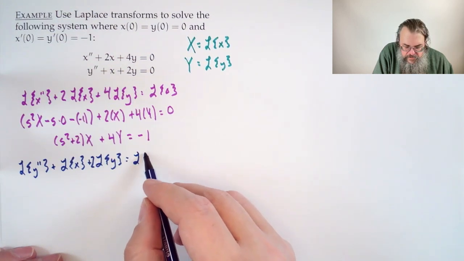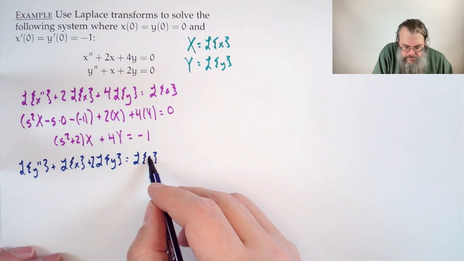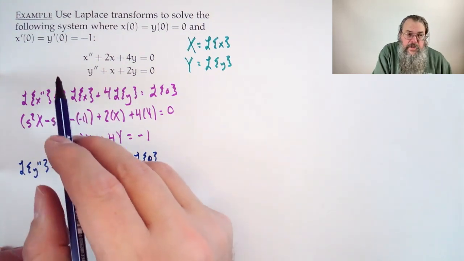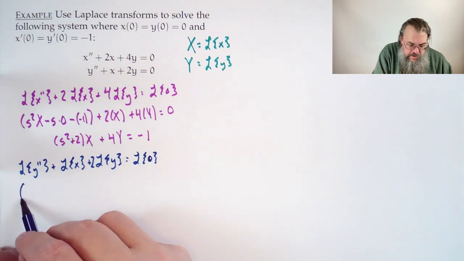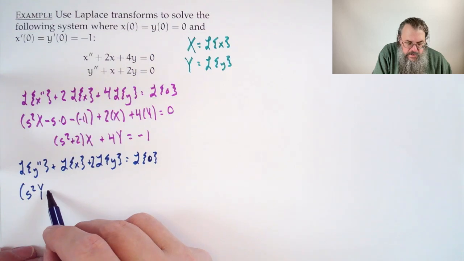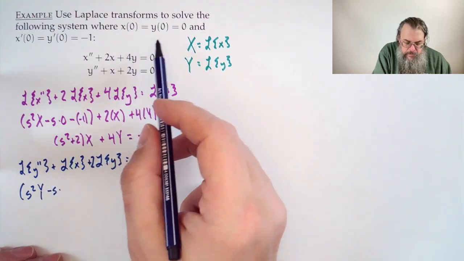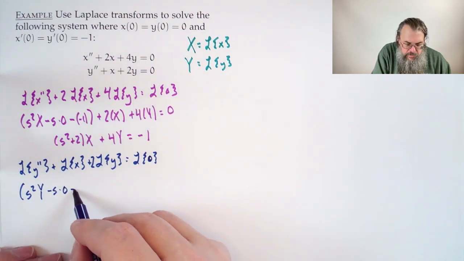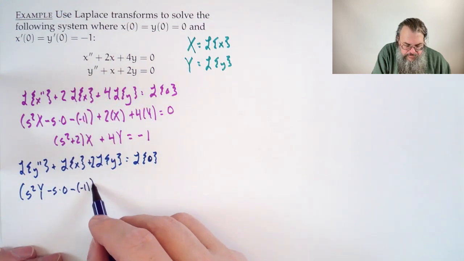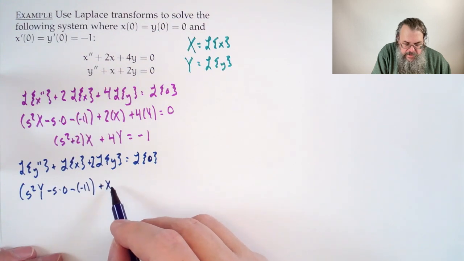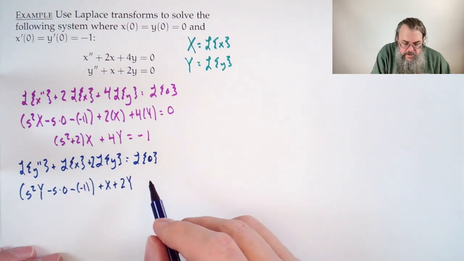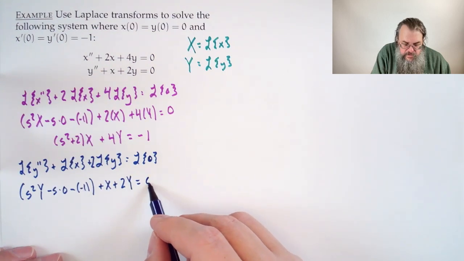Equals the Laplace transform of 0. All right, so again, same thing that we did here, we'll do here. And it turns out that they have the same initial condition, so it'll look very familiar. s squared Y minus s times y of 0 minus y prime of 0, so minus 1, plus capital X plus 2 times capital Y is equal to 0.